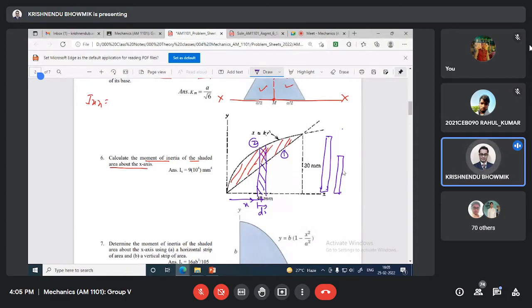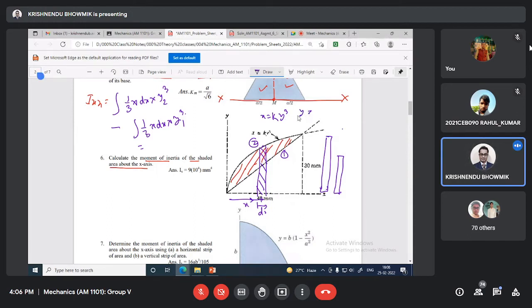Bigger triangle and lower triangle, and you can use integration of 1/3 dx height cube. Height cube means y2 cube minus 1/3 dx y1 cube. What is y2? y2 is this: x equal to k y cube.